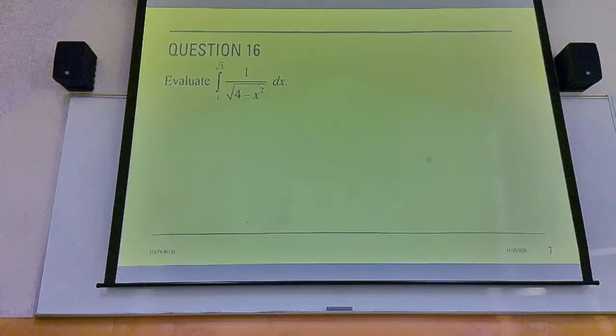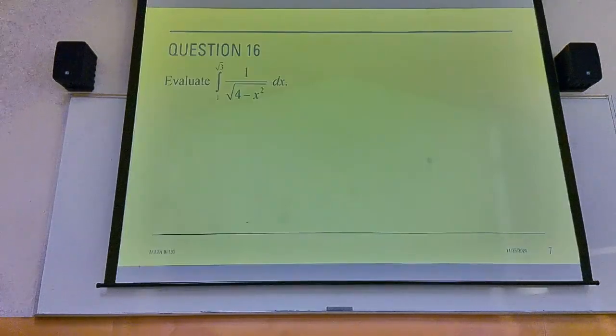So what function has a derivative of that form? The closest thing I can find to that would be the inverse sine, but the 4 is wrong. So why not get rid of it?